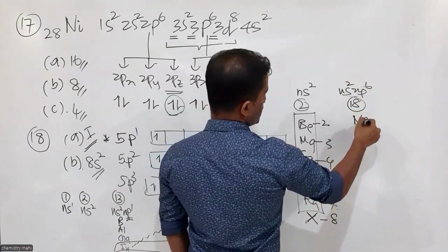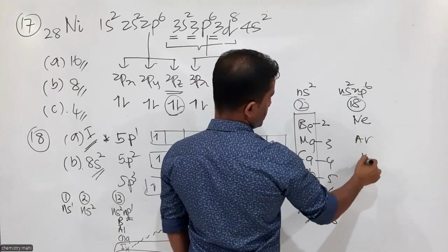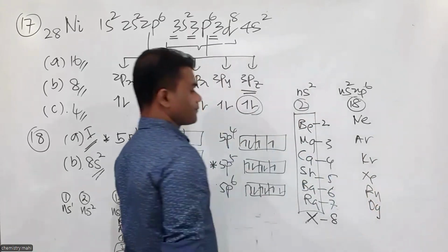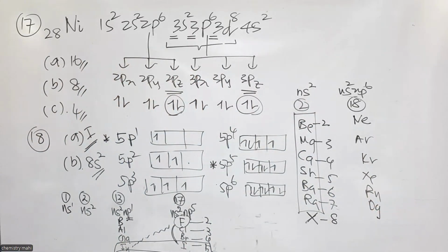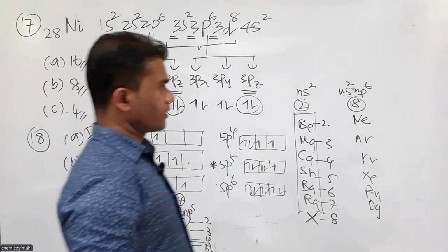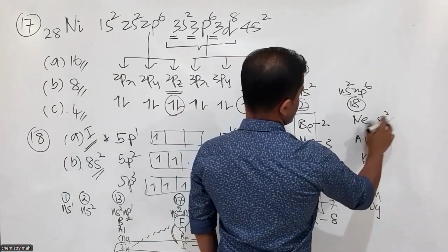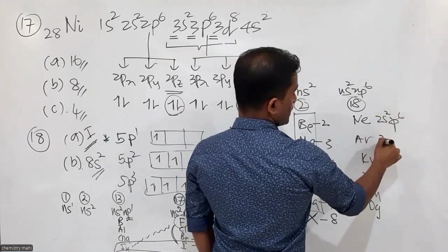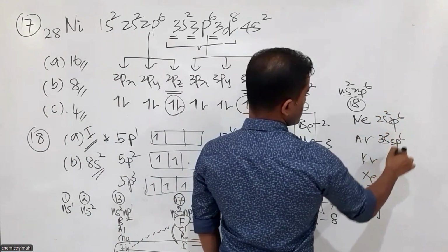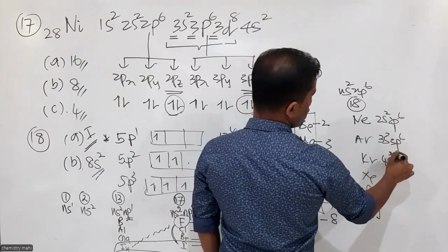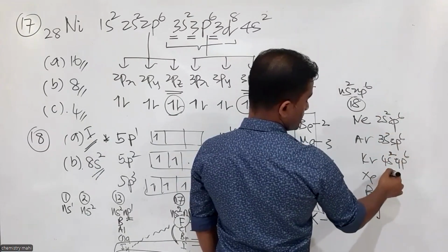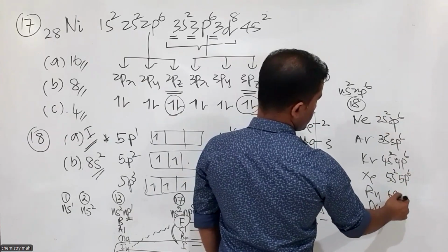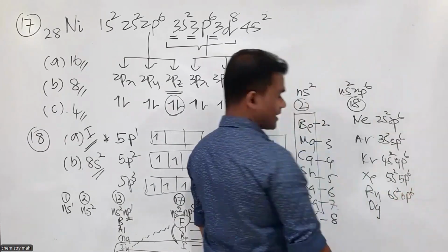Then I take helium, neon, argon, krypton, xenon, radon, and oganesson. For these, it's 2s2 2p6, 3s2 3p6, 4s2 4p6, 5s2 5p6, 6s2 6p6. That's how we have the configuration.